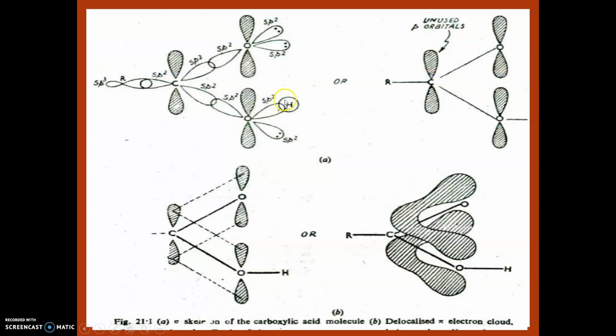The R group's sp3 hybridized orbital bonds to the carbon, so depending upon the specific type of alkyl group attached to the carbonyl group, we get sp2 and sp3 hybridization here.